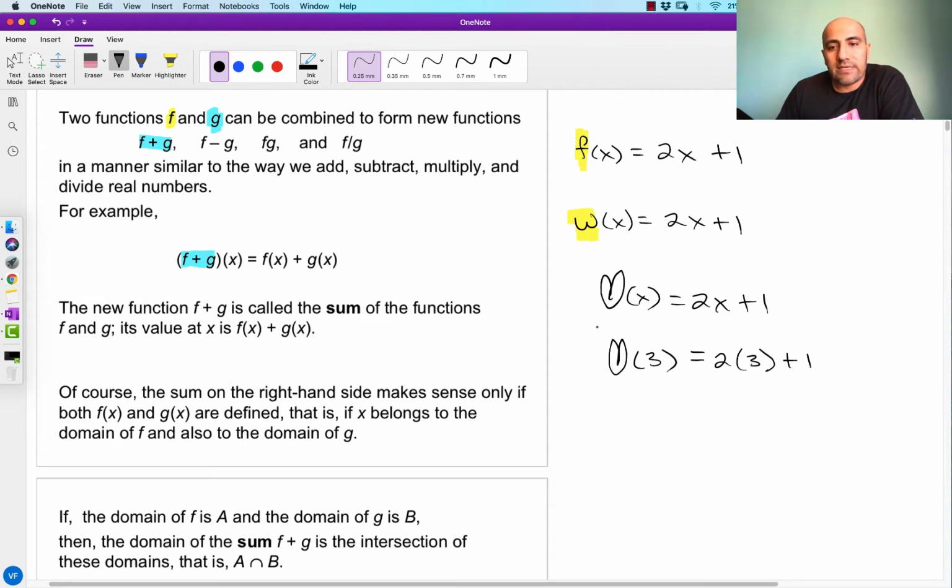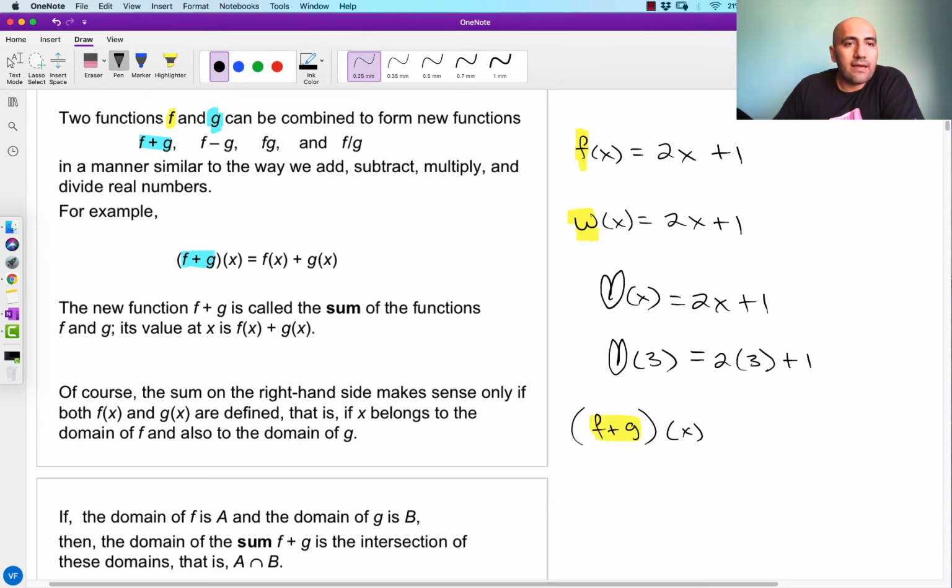So as long as we're naming it, we could also name it as this. So f plus g is the name of the function evaluated at x, and so all of this stays together. Think of it as the name of the function.